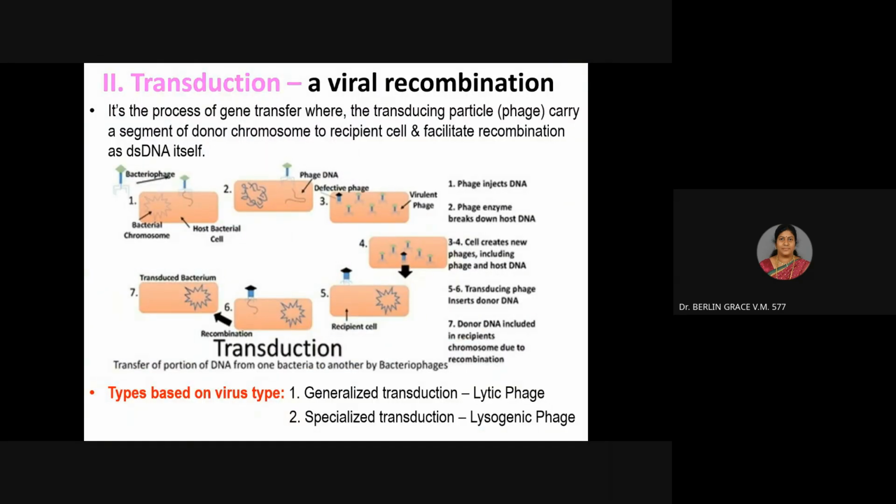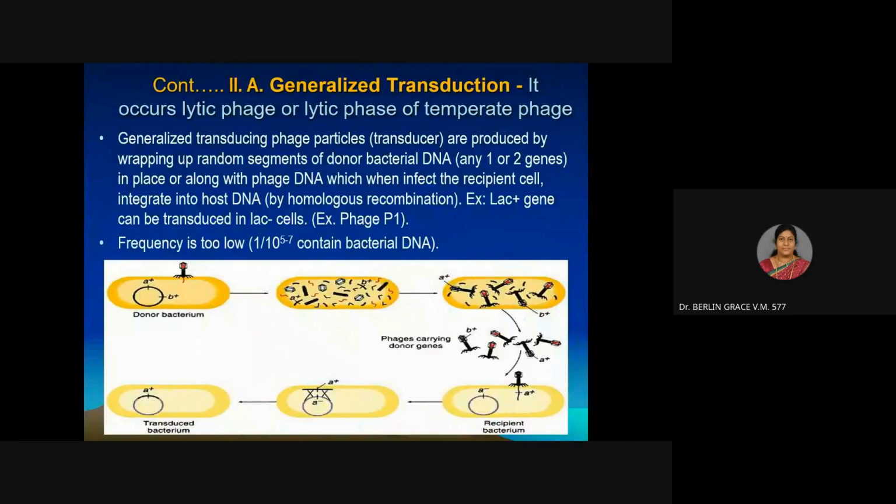Now, transduction is the next topic, or recombination method. Here, the virus will carry the DNA, which will be injected into the cell, and recombination is facilitated. There are two types. Generalized transduction is done by the lytic life cycle, and this lytic virus infects the donor bacterium, multiplies itself, and then breaks down the chromosome into pieces.